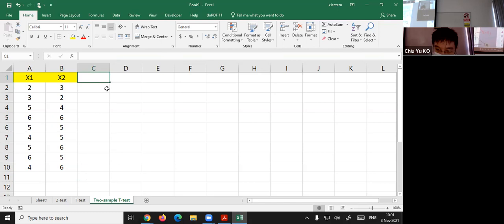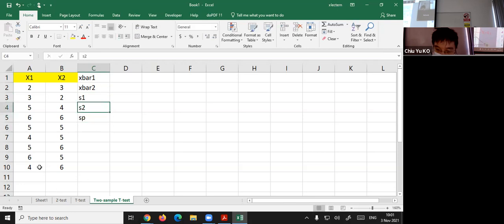The difference is 0, so we don't need to write that. We just test the difference. So what we want is the following: we need x bar 1, x bar 2, S1, S2, SP.